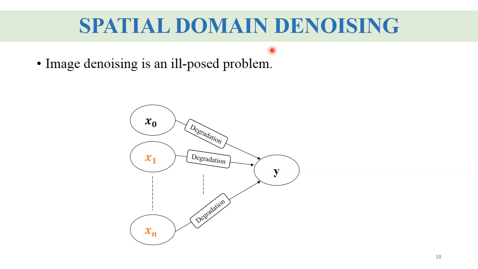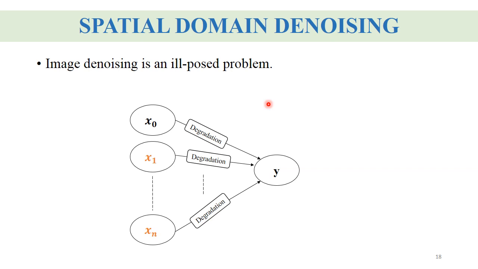Okay, so in the spatial domain, image denoising is an ill-posed problem. Here we have to identify two terminologies: one is the ill-posed problem and the other is the well-posed problem. Remember, ill-posed problem and well-posed problem. Let us understand what a well-posed problem is. In the case of a well-posed problem, we know everything.